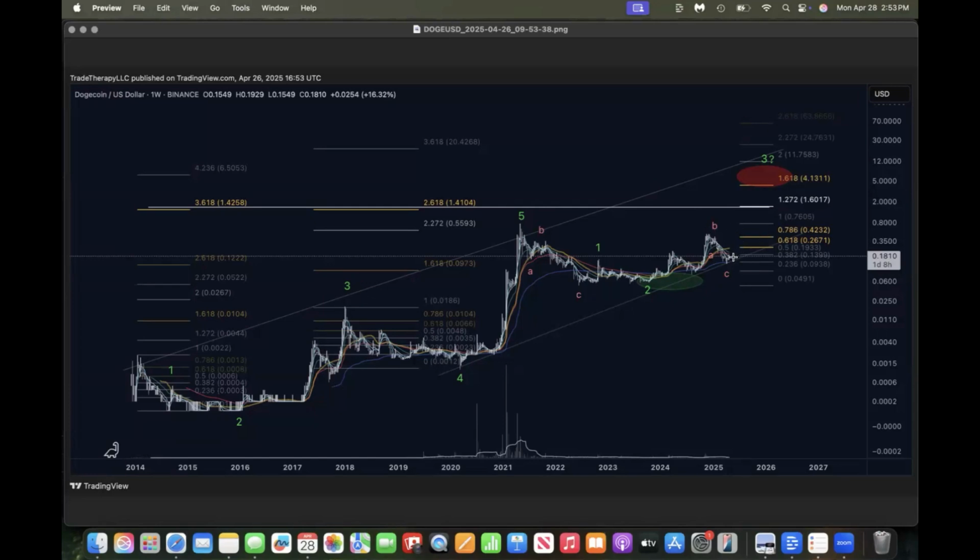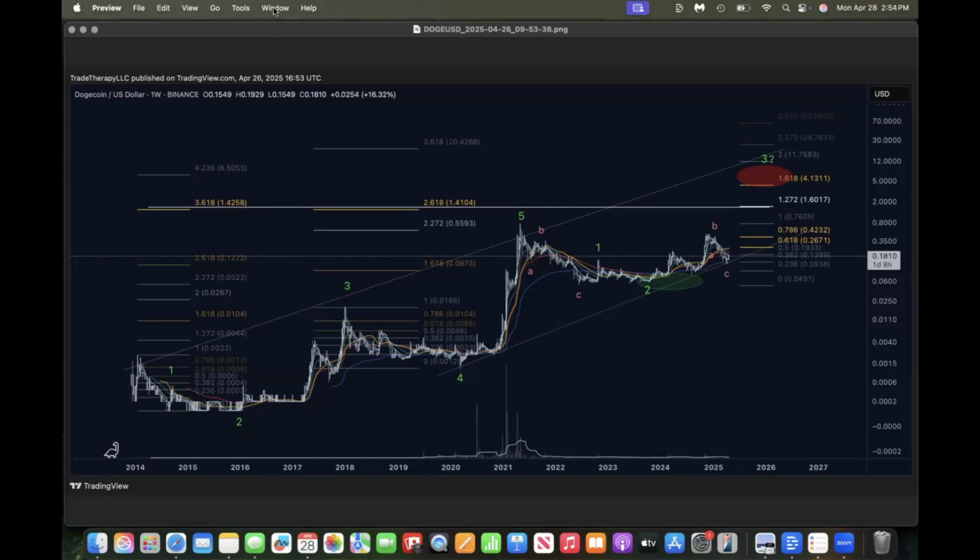We've only gotten up to a 786, so there's a lot of pent up energy right here. We talked about our higher term targets, based on this extension right here, where our target stops just short of a 2.0. So this is the level that we're looking at.